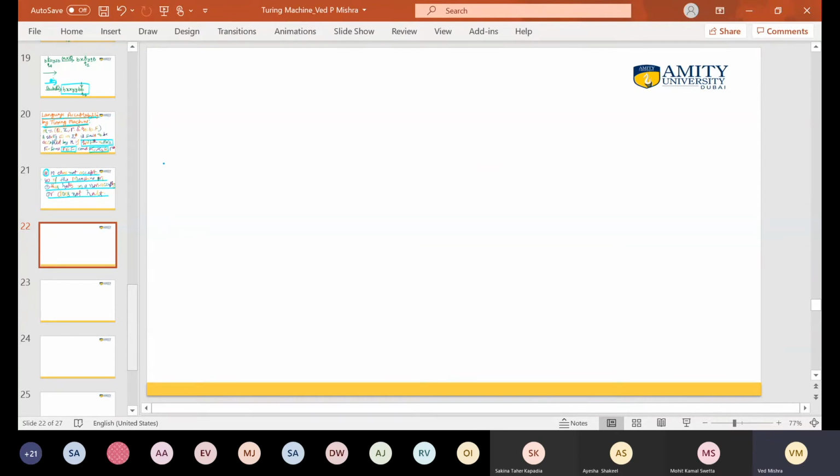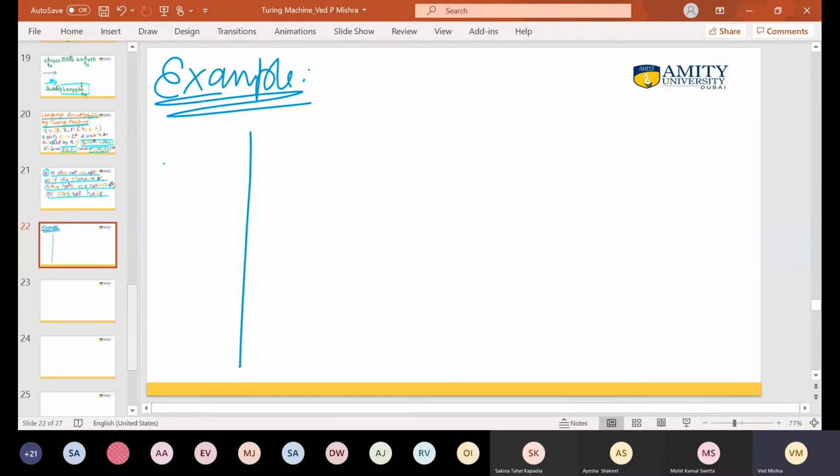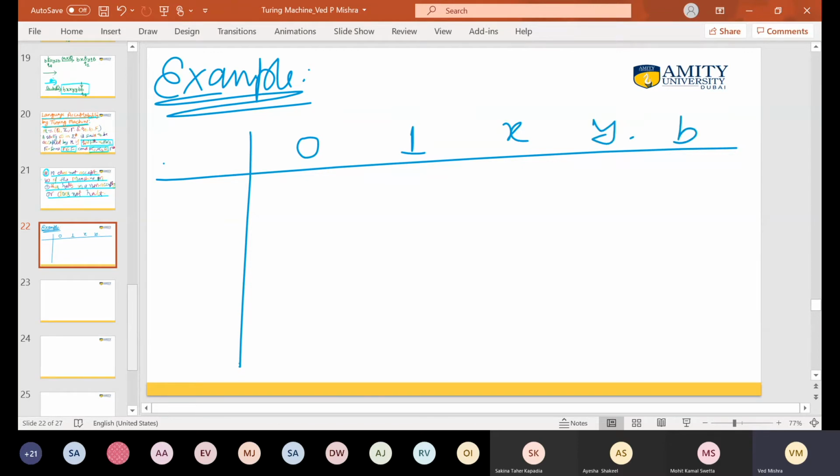So suppose that you have been given a transition table, and the transition table is something like: present state, and you have so many inputs. That is the tape symbols 0, 1, X, Y, B.